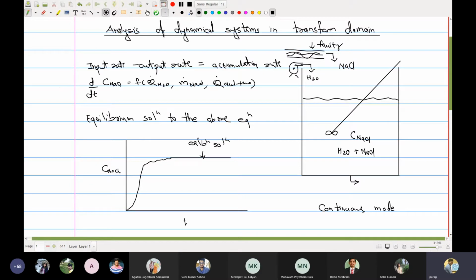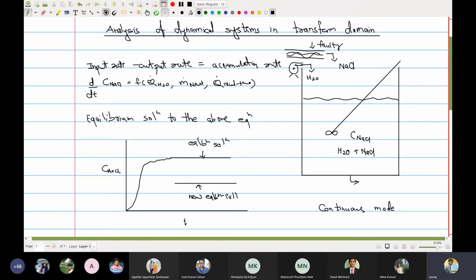You will again solve this equation with a new M_NaCl flow rate, and then you will determine the evolution, and that one may correspond to this new equilibrium solution, right? So this is the new equilibrium solution.